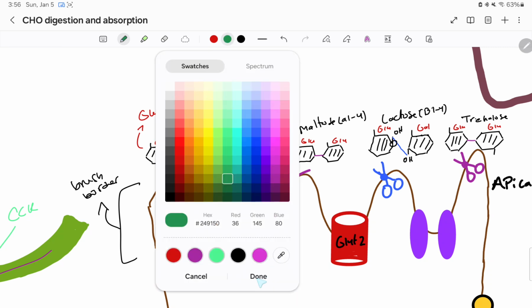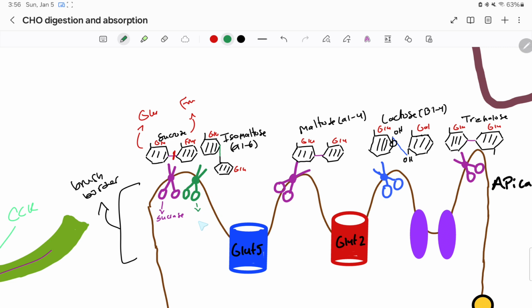This green guy, he's very special. It's called isomaltase. You might see him have another name as well. He might actually sometimes be called alpha dextrinase. Or you might also see him be called alpha 1,6 glucosidase.